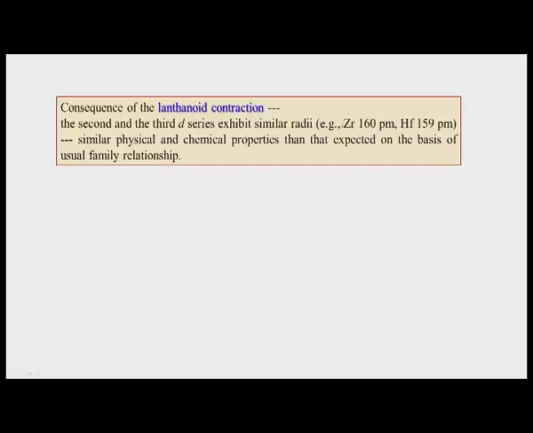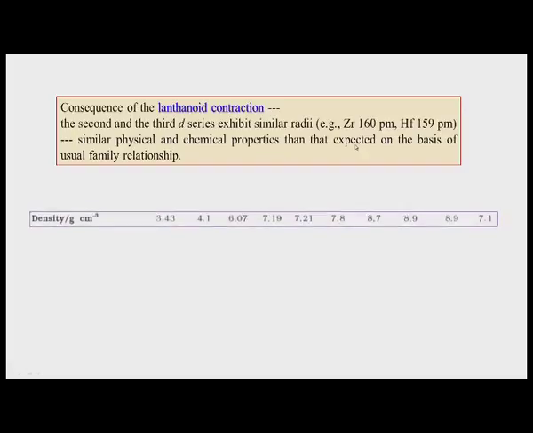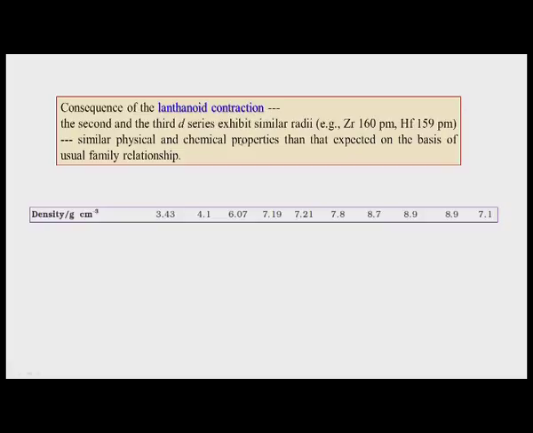But the problem comes with their separation. If both occur together in a mineral, the similarity in size, chemistry and physical properties will not help us much in separating zirconium and hafnium.